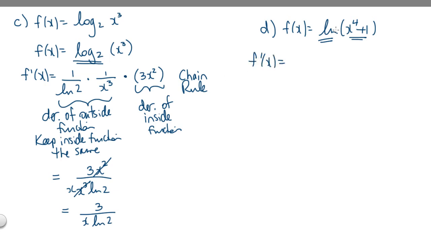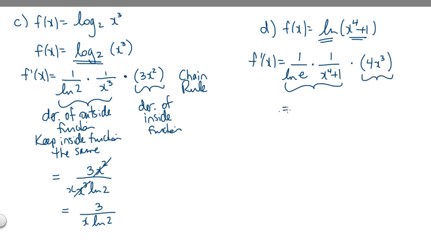So we'll start with the derivative of the outside function and keep the inside function the same. Now remember that ln is really log base e. So our coefficient here is just going to look like 1 over ln of e, or if you want to say right away, that's 1, that's fine. So 1 over ln e times 1 over our inside function. That's the first part of our chain rule. And then we need to multiply by the derivative of the inside function.